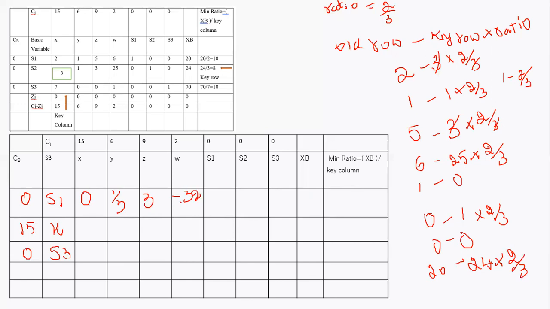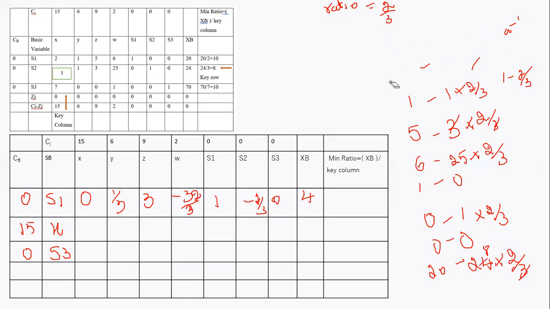Take the LCM and then you can do it. So it will be minus 32/3. The next element will be 1, and after that we'll be having minus 2/3 and then 0. Similarly here we need not take the LCM. So 20 minus 16, we'll be getting 4. So these are the changes we got according to the number we wanted to make 2 equal to 0.